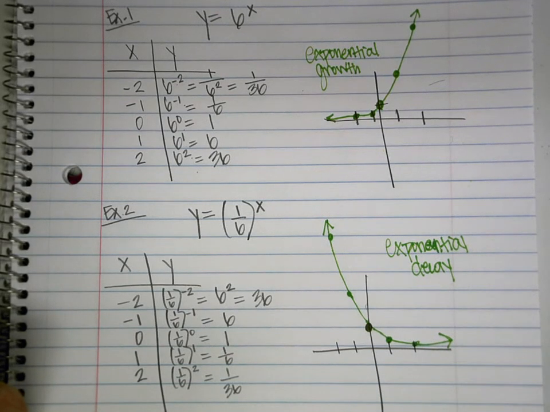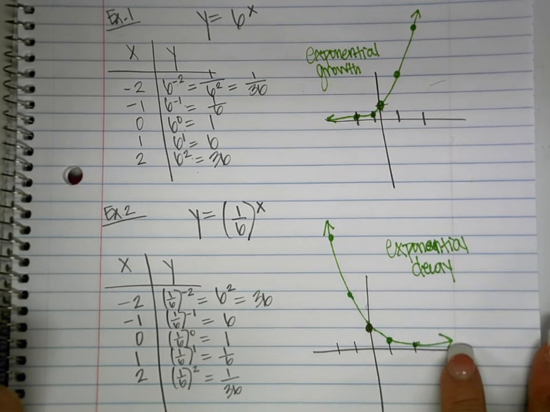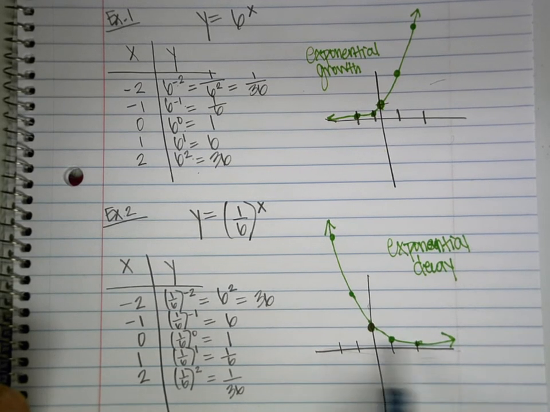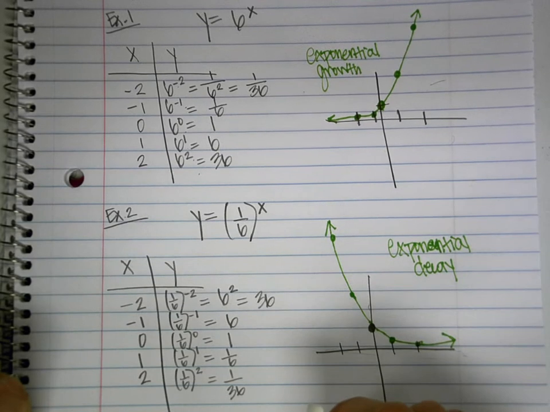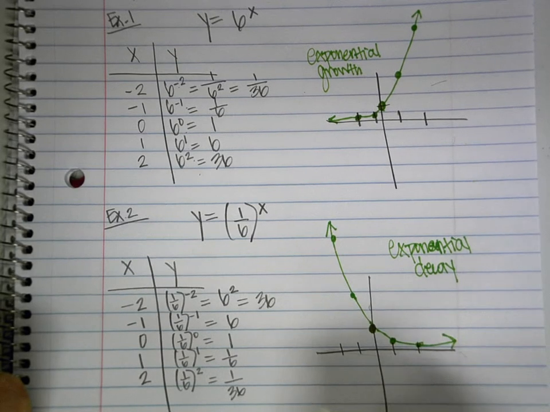Why doesn't the y ever touch? Why does it never cross? Good question. It never crosses because no matter what, the y value right here is never 0. Is it possible to plug anything in to make it equal 0?